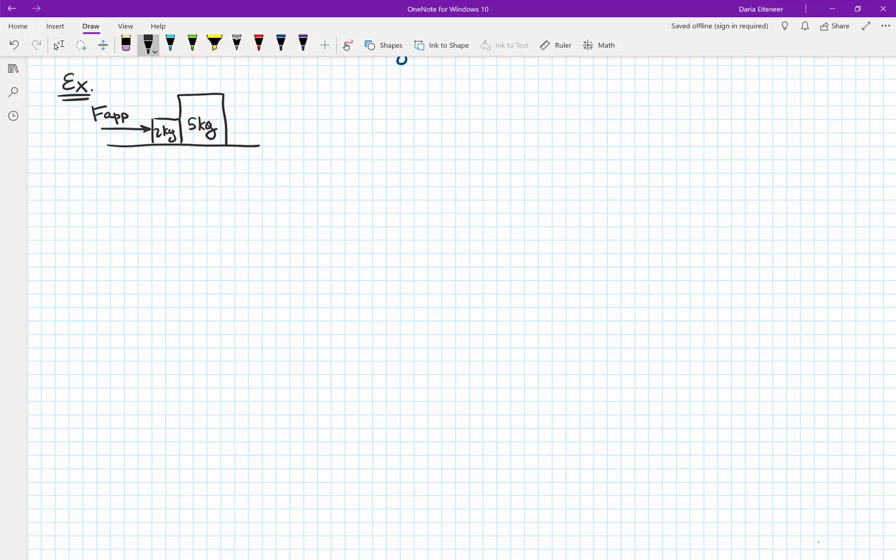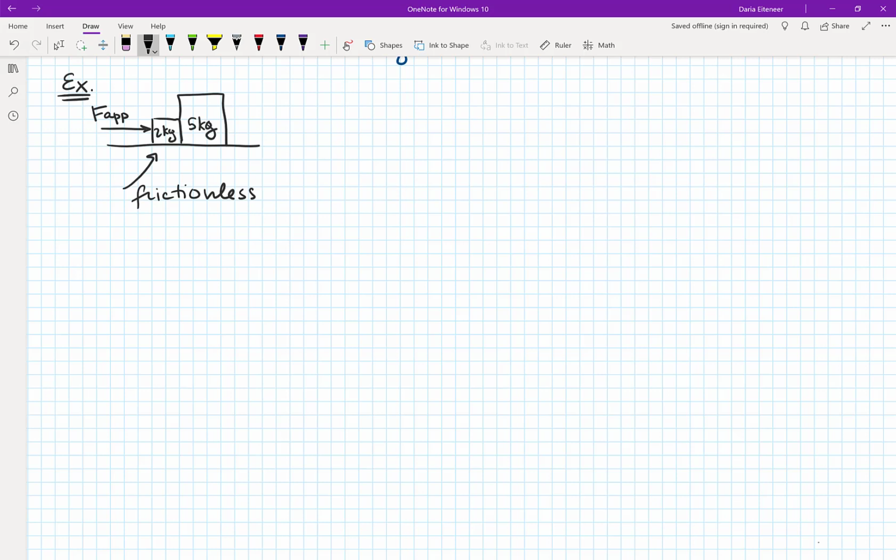Horizontal applied force. And let's also say that this surface is frictionless. So if something is frictionless, you'll be told explicitly that it's frictionless. If it's not frictionless, then you should be able to infer that from the problem and to indicate the presence of force of friction.